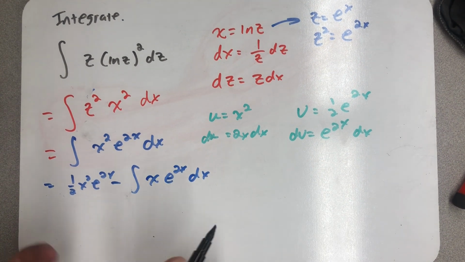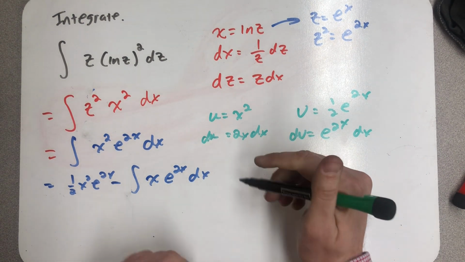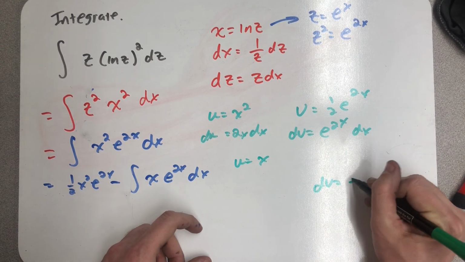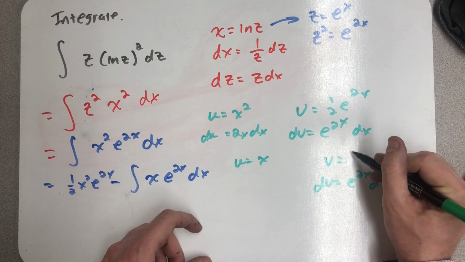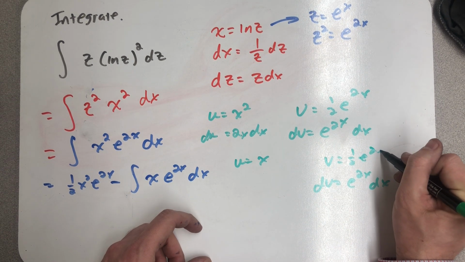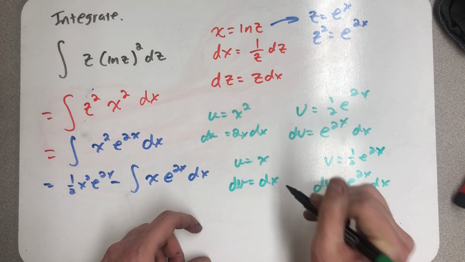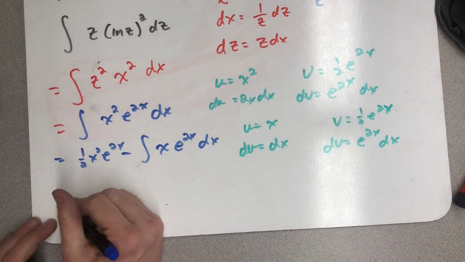Well, looking at this one, I see another place where I can apply the integration by parts formula. So I'm going to pick a u and a dv. All right, so let's use that integration by parts formula just one more time.